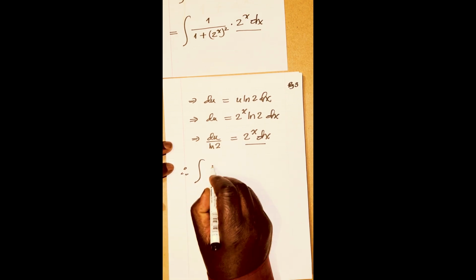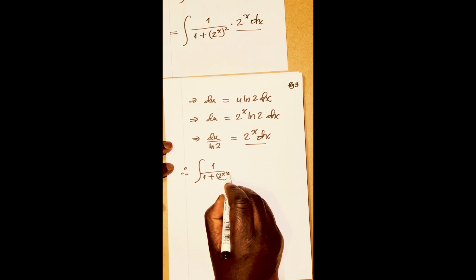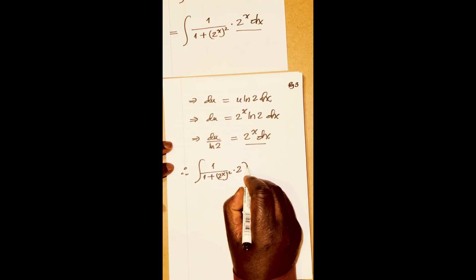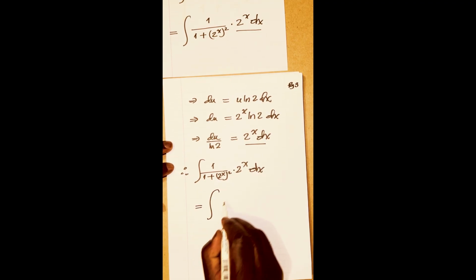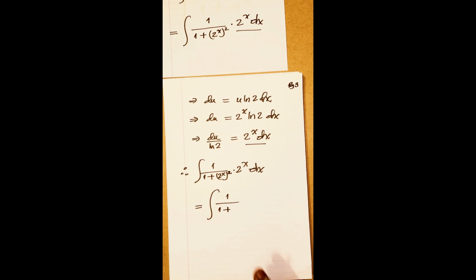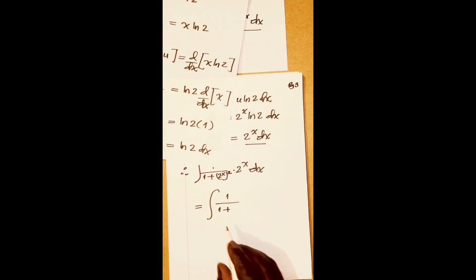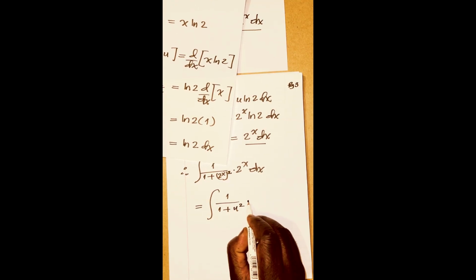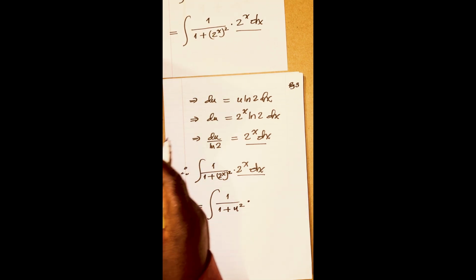The integral of 1 over 1 plus 2 to the power x all squared times 2 to the power x dx changes to the integral of 1 all over 1 plus, remember there's a square here, we're squaring the whole expression. What is 2 to the power x? Coming back to this page here, 2 to the power x is u. So this is u squared times, what is 2 to the power x dx? The answer is 2 to the power x dx.